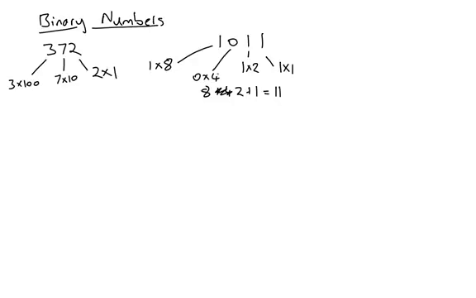Now the reason this is important is because the computer's memory is organized like a series of cells, and each cell is called a bit. So we've got 4 bits here.